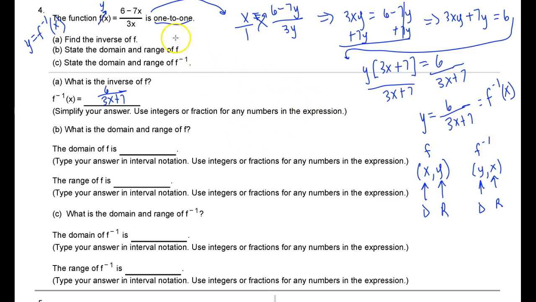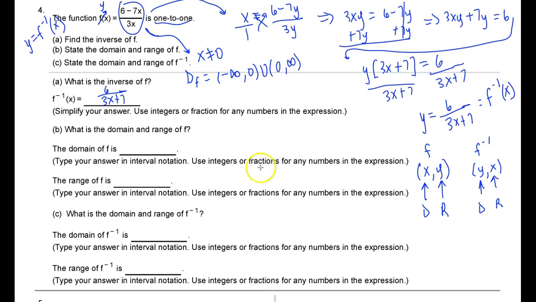Now, if we look at our original function here, we notice that the only restriction that we will have is that x is not allowed to equal 0. So that means that the domain for our original function is going to be all real numbers except for 0.